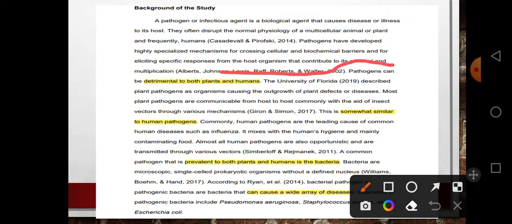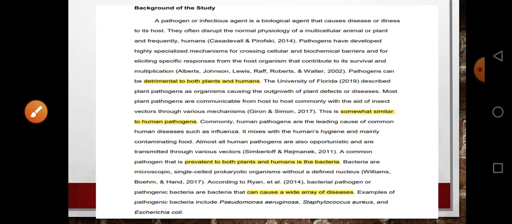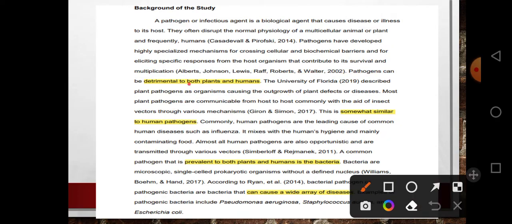Pathogens can be detrimental to both plants and humans. Okay. After this sentence, class, after the introduction that pathogens can be detrimental to both plants and humans, it is followed by the discussion of plant pathogens already. Then, after the discussion of plant pathogens, it is then followed by this signaling sentence again.